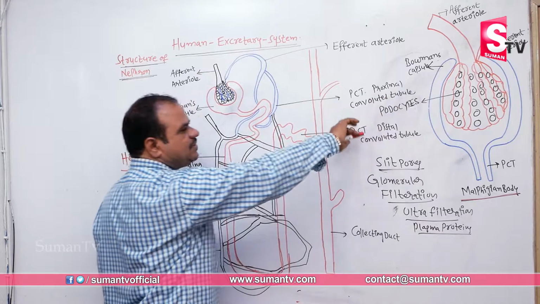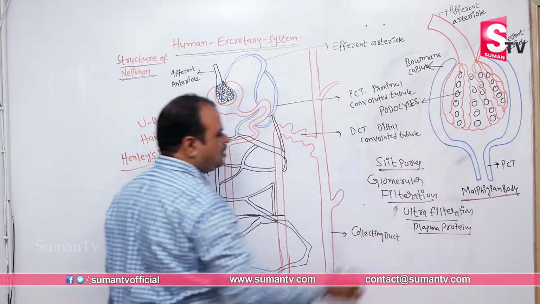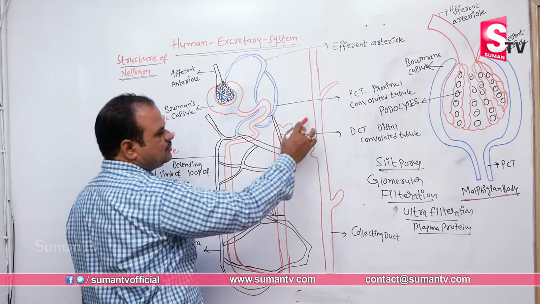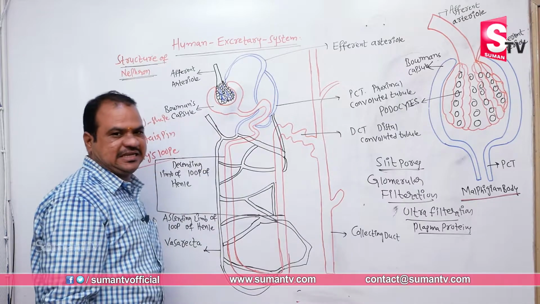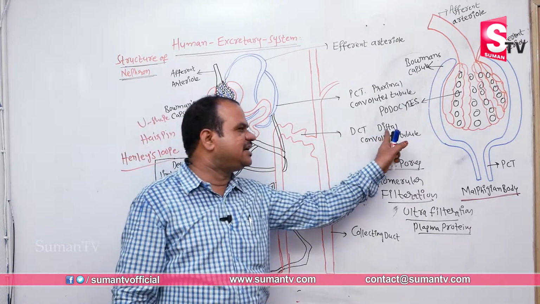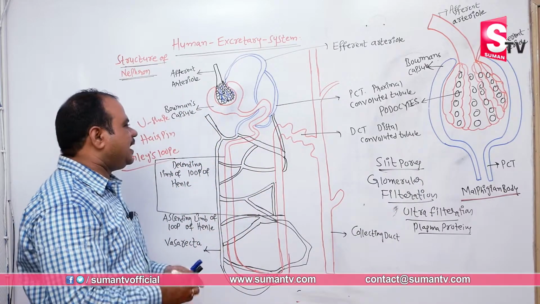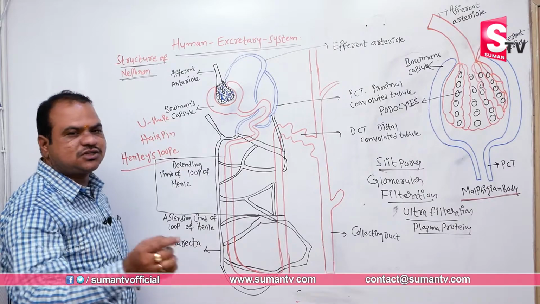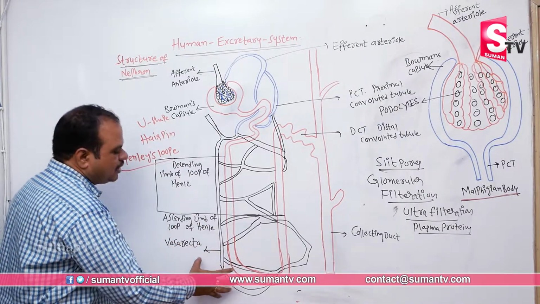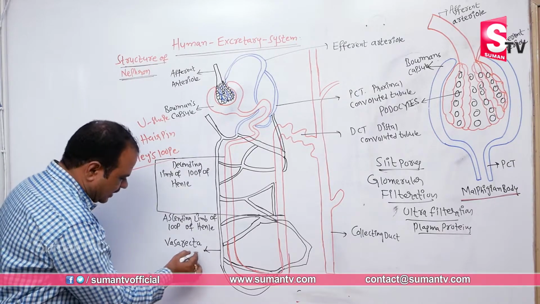What is the meaning of PCT? Proximal convoluted tubule. Then there is another highly coiled structure, the DCT. What is the meaning of DCT? Distal convoluted tubule. Along with them, another structure is also present in the renal tubule, which is the vasa recta.